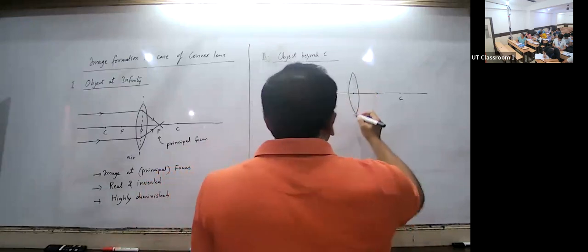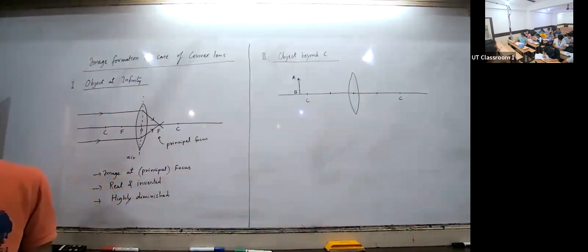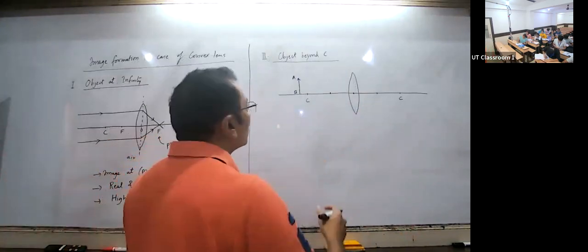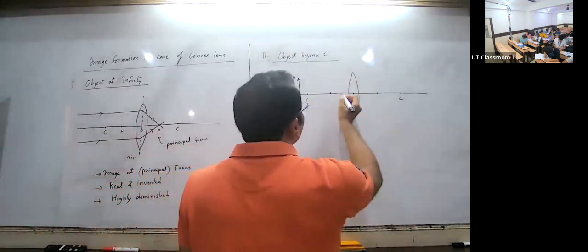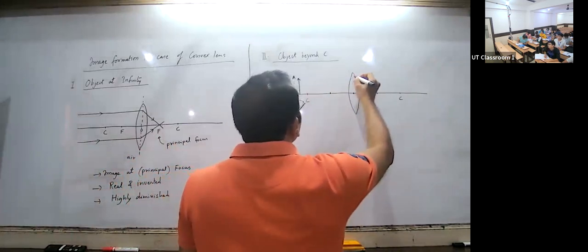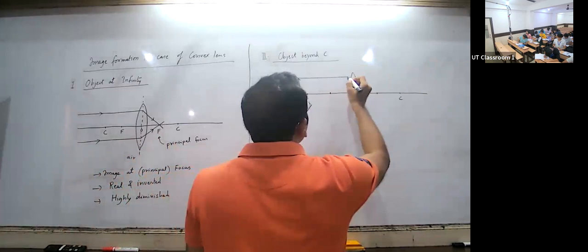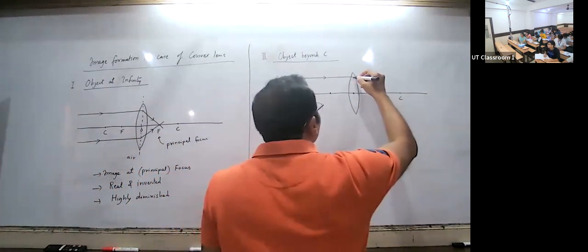Now, in case of lens, when the ray passes through the optical center, it will not deviate. It will go straight, right? Because anything which is passing through O is normal. See, from here, O, it will go straight. So what are the two rays we will take? We will take one parallel to principal axis, which after refraction will pass through focus.